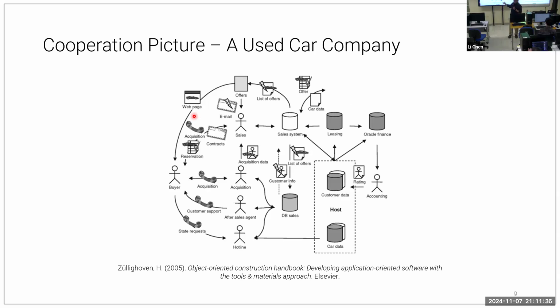It is like so. But if we want to introduce a VR system, this cooperation picture may change. But can we do application modeling before we have confirmed all these system functions and how the information will flow? Not really, right?